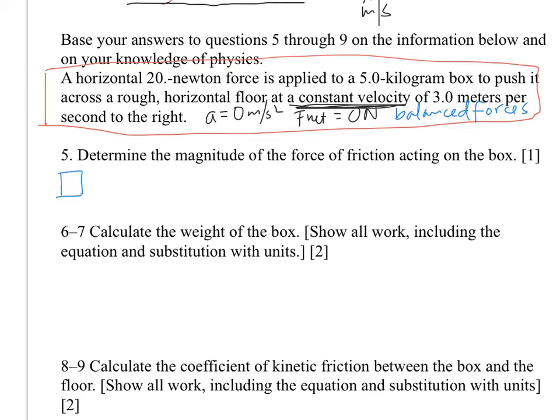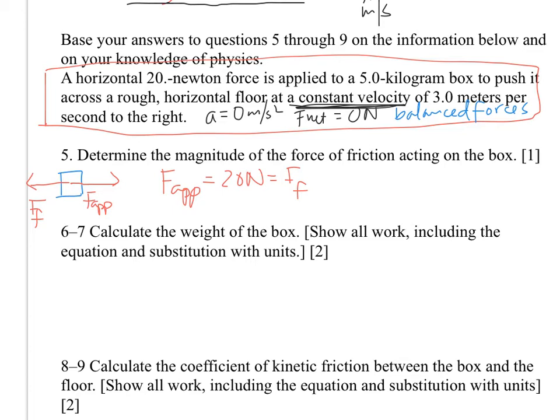That means our applied force, F applied, is going to have a force of friction acting equal and opposite to balance it out. So that means if our F applied is equal to 20 newtons, it's also equal to the force of friction, just like that.